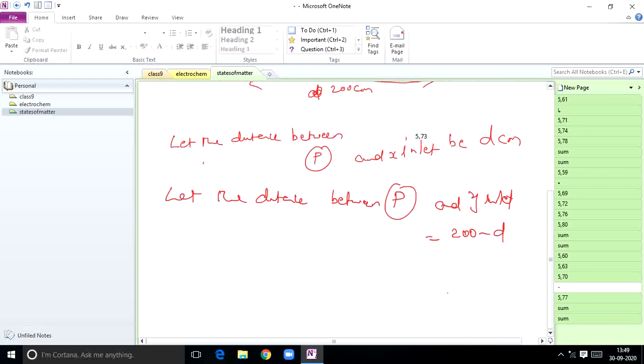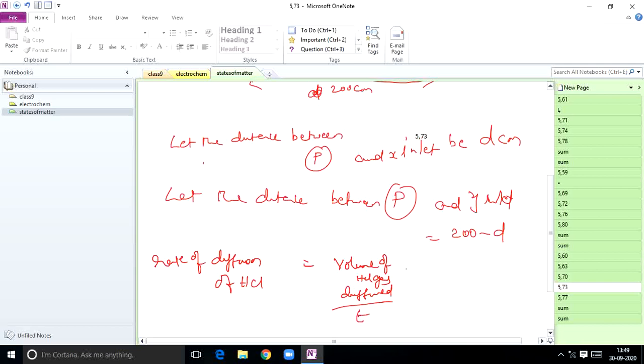These two gases meet at a point P in time t. The time is the same, it is given. So the rate of diffusion of HCl is equal to the distance travelled by that HCl gas divided by the time taken for diffusion.